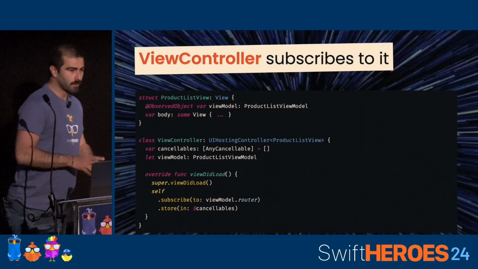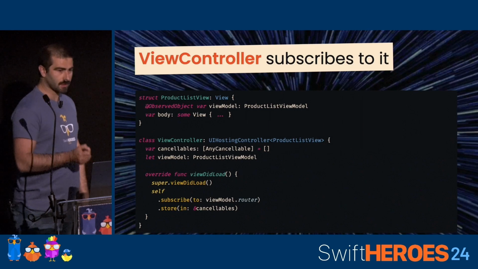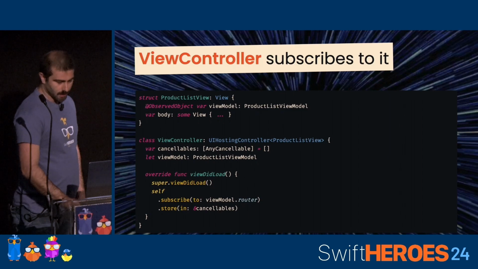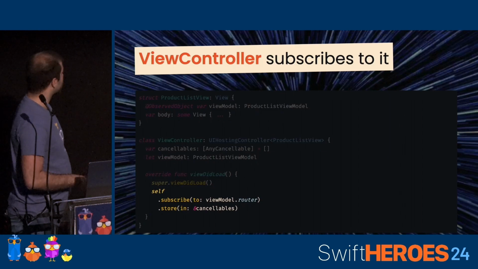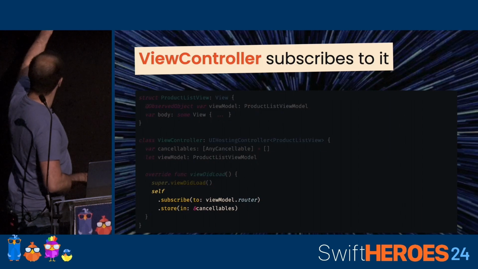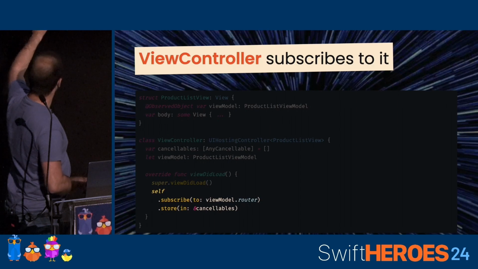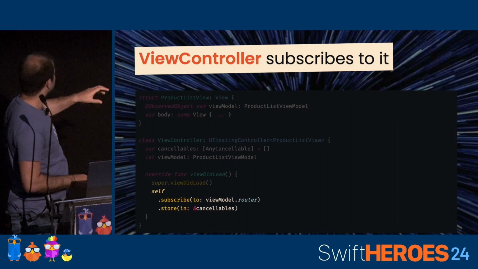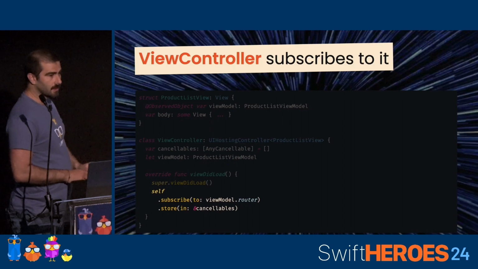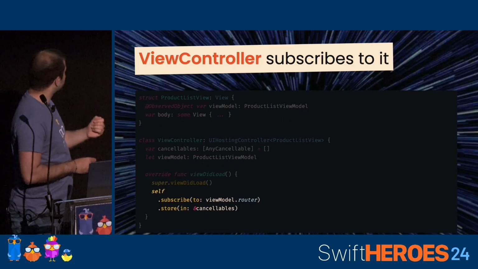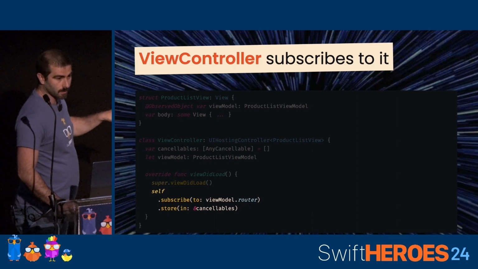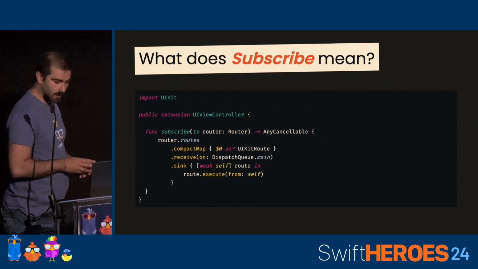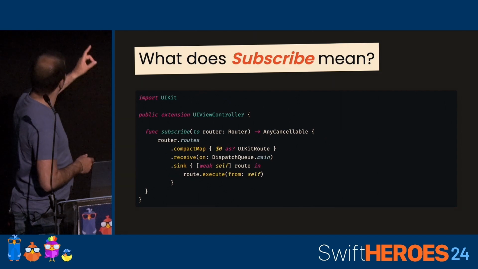Okay? So when we initialize a view controller, the first thing that we need to do is to subscribe to the router inside the view model. As you can see, inside the viewDidLoad method, we have a simple method that says self.subscribe to router. So this takes the router from the view model and listens to the routes that the view model is emitting. But what does it do?